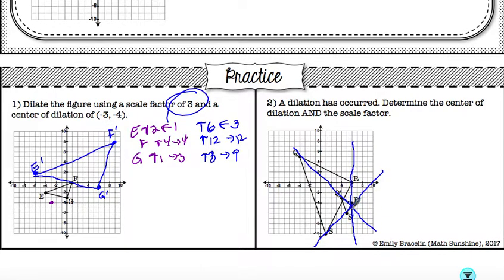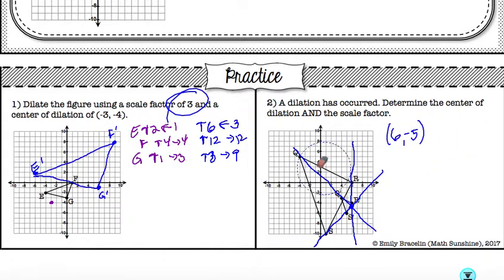They seem to connect over here, and I can tell you for sure that this is 6, -5, and I think freehanding here I did a better job than using the ruler. So the center of dilation is 6, -5.